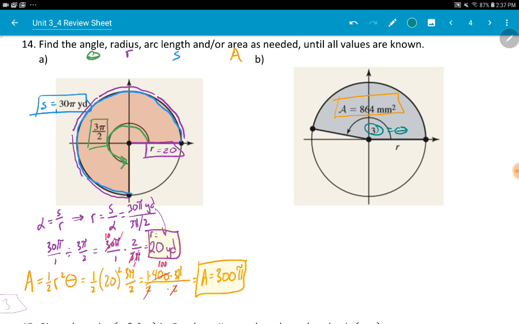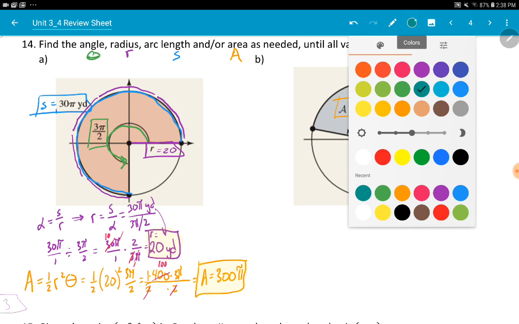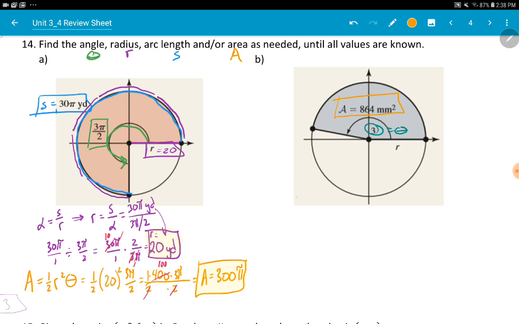And the things we need are arc length, S, and radius. So I can find, let's see here. Let's use our area, 864 millimeters squared, equal to our formula for area. And we have theta, so we can plug in our 3 for theta, and we want to solve for r.